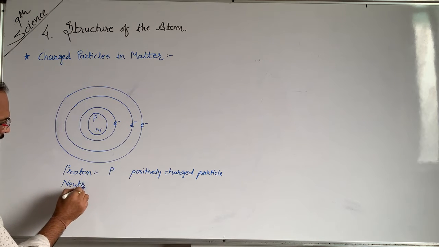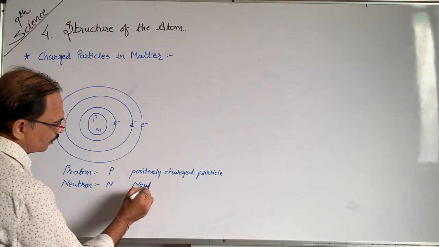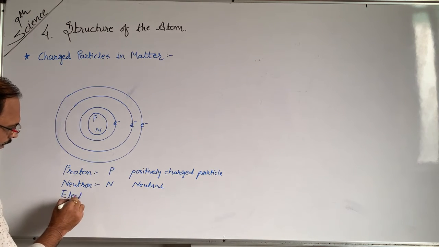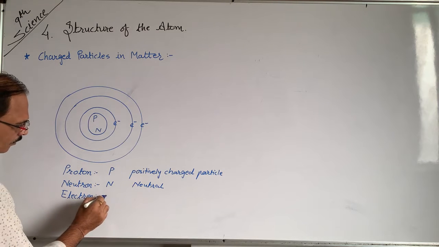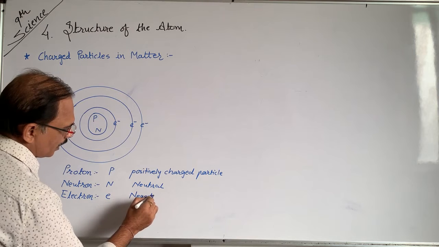Neutron, symbol is N, it is neutral, no charge is there. And electron, symbol is E, and it is a negatively charged particle.